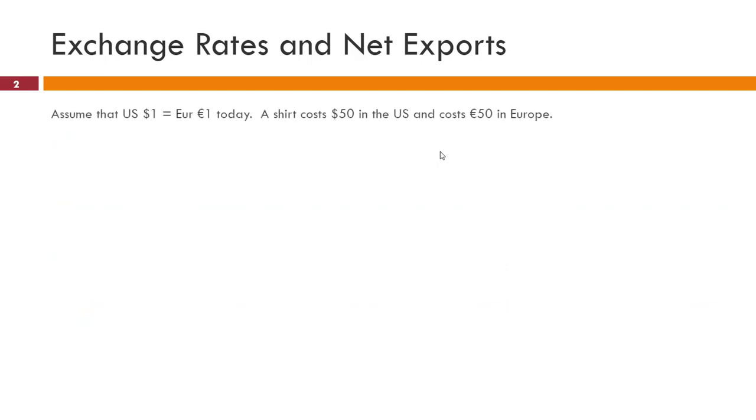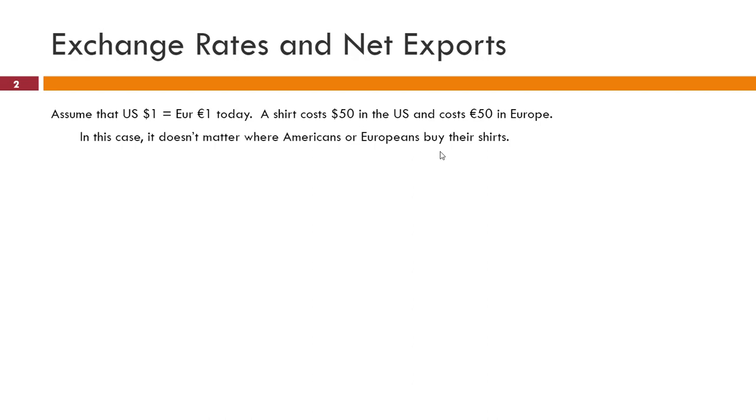Right? Let's assume that $1 buys you €1. It's a 1-to-1 exchange rate. The dollar and the euro are worth exactly the same in the exchange rate model. And that a shirt in the United States costs $50 and the same shirt costs €50 in Europe. So the logical question here is, well, what does that mean, or what would that tell us about trade? And really what we can say is that it really wouldn't matter where people buy their shirts.